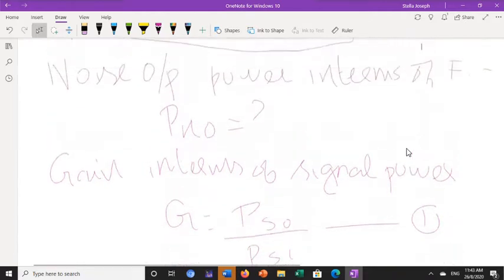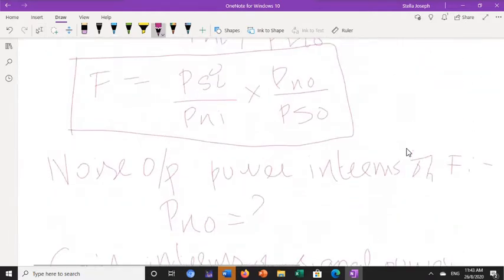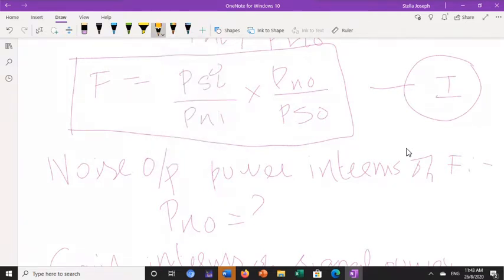Consider the noise factor; this is the main equation, which I am taking as 1. For this PSI and PSO, I am going to substitute 1 by G.